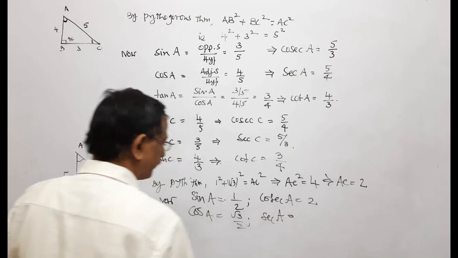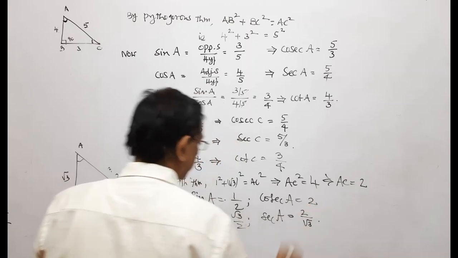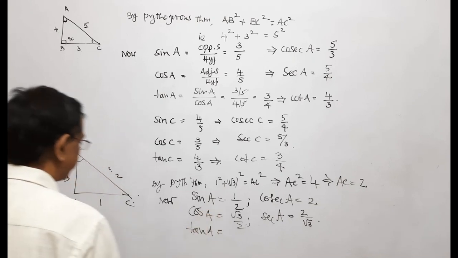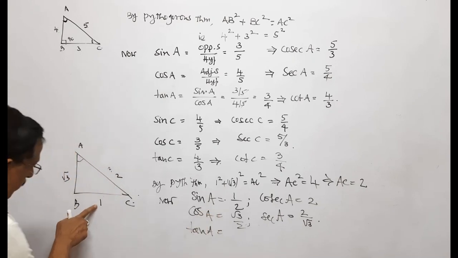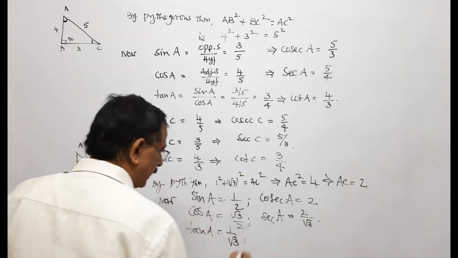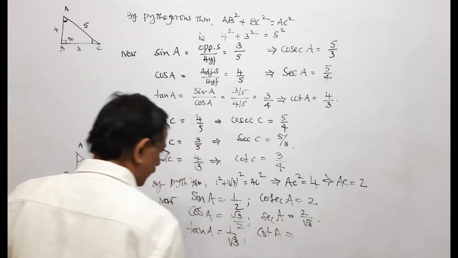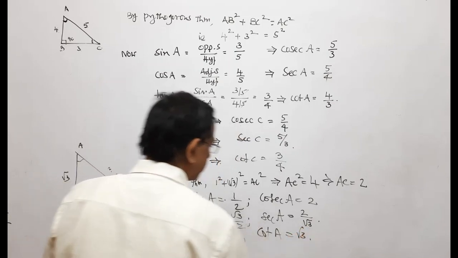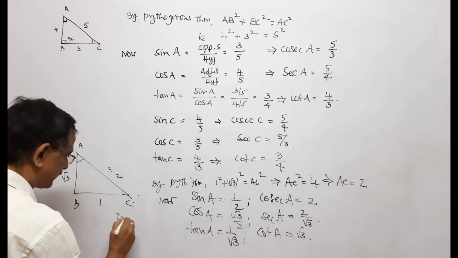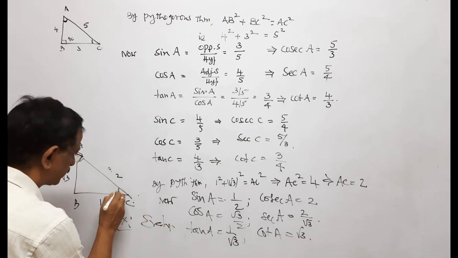Secant A will be 2 by root 3. And what about tan A? Tan A is simply opposite side by adjacent side, which is 1 over root 3. And what about cot A? Cot A will be root 3 by 1, which is root 3. So I have evaluated for A. Now the exercise is to evaluate all trigonometric ratios for C.